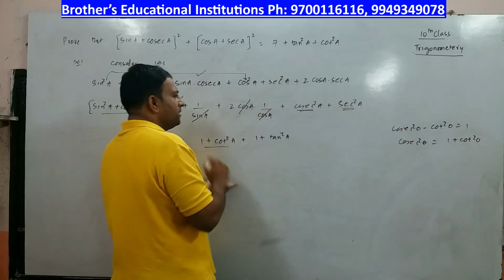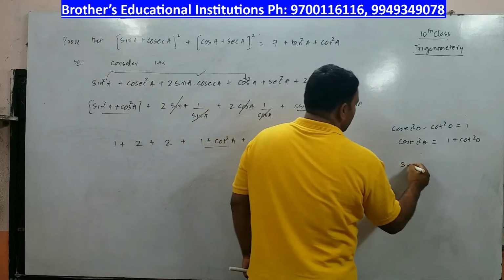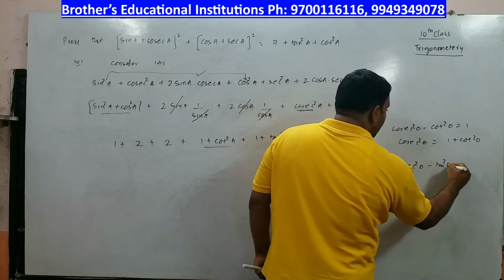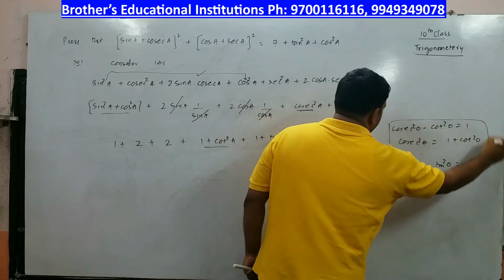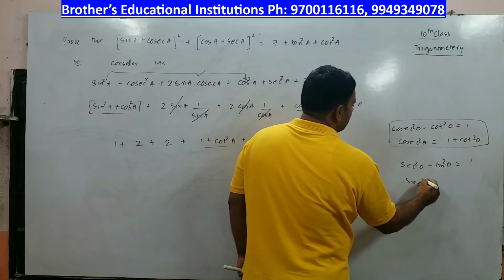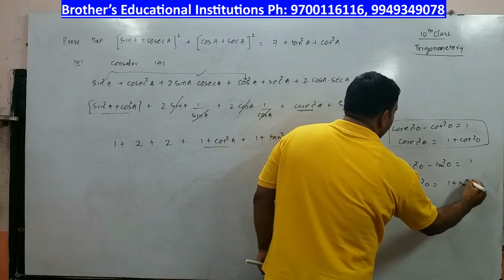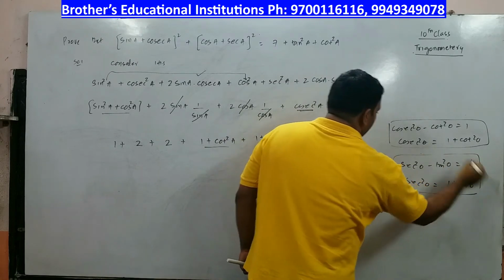There you go. Similarly, you have the identity secant square theta minus tan square theta is equal to 1. In the examination also, make sure that you write these identities. This is one identity, and the next identity is secant square theta is equal to 1 plus tan square theta. So, you must always be aware of the identities.